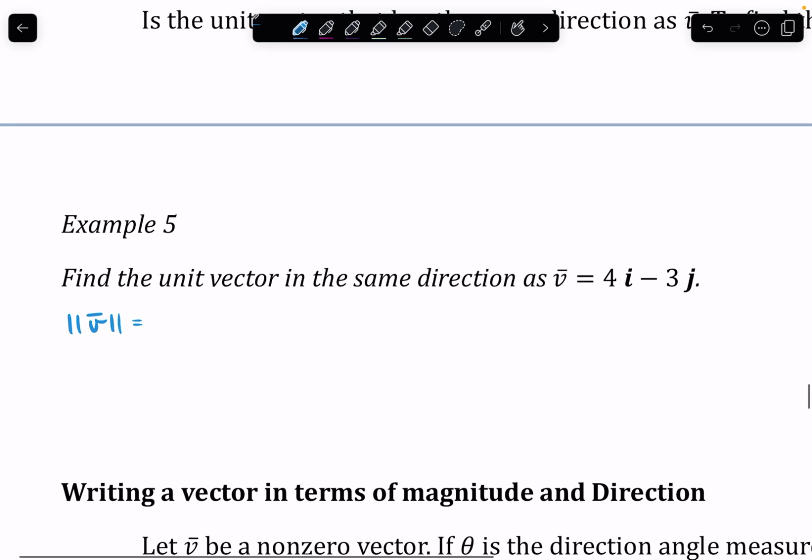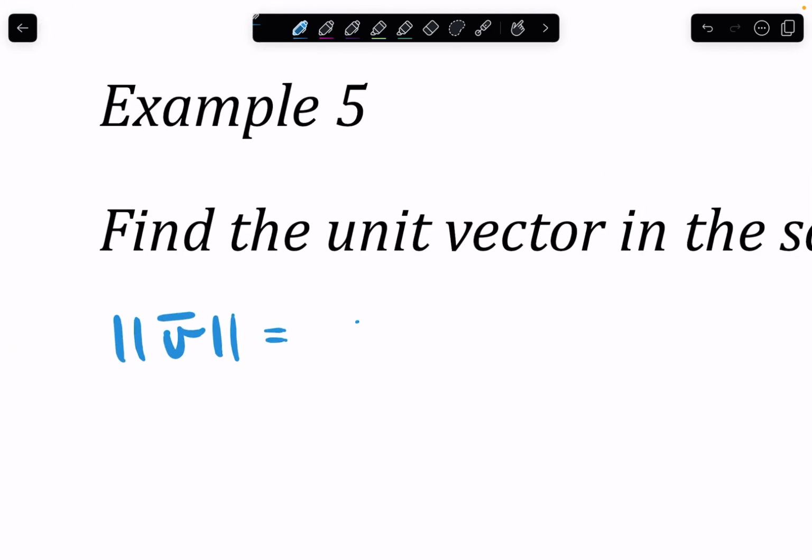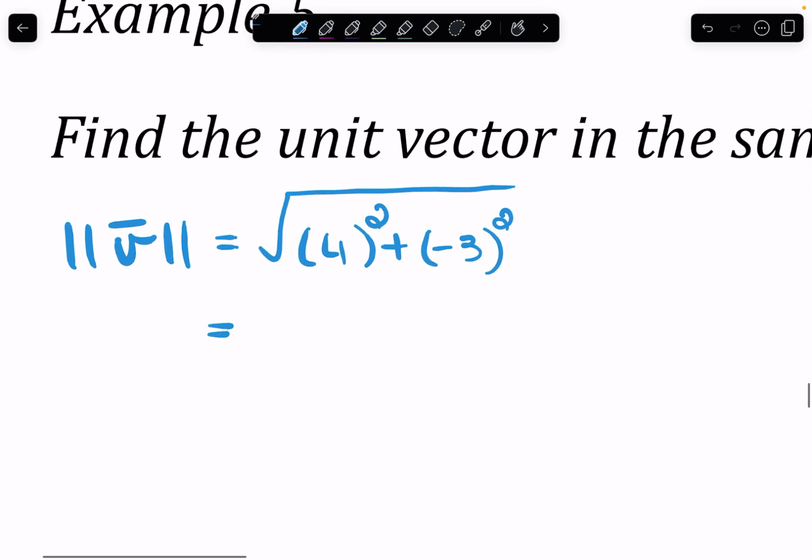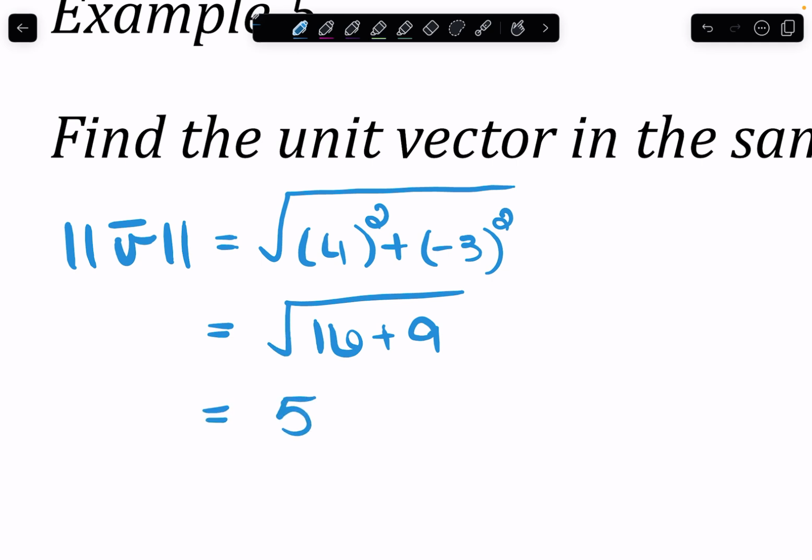So our a and b are 4 and negative 3. So 4 squared plus negative 3 squared, square rooted, which gives us 16 plus 9. 16 plus 9 is 25, which has a square root of 5.